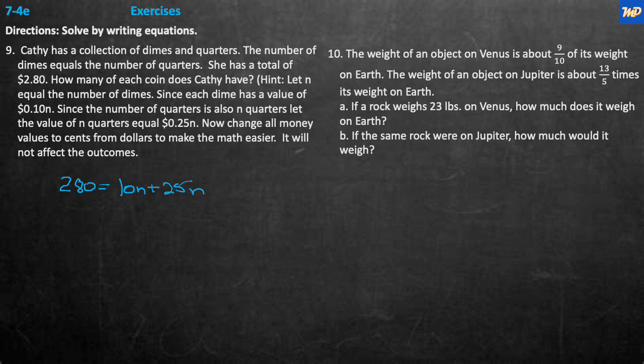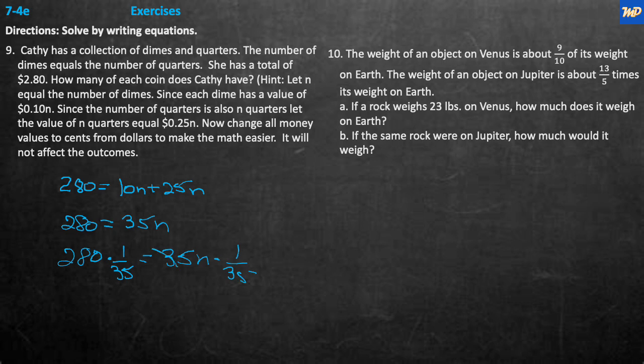Now it's time to combine like terms. So 280 is equal to 10 plus 25, which is 35N. Now we have to clear the coefficient of the variable term, the 35. We need the inverse of that, the reciprocal, which is 1 over 35. So 280 times 1 over 35 is equal to 35N times 1 over 35, the same on both sides.